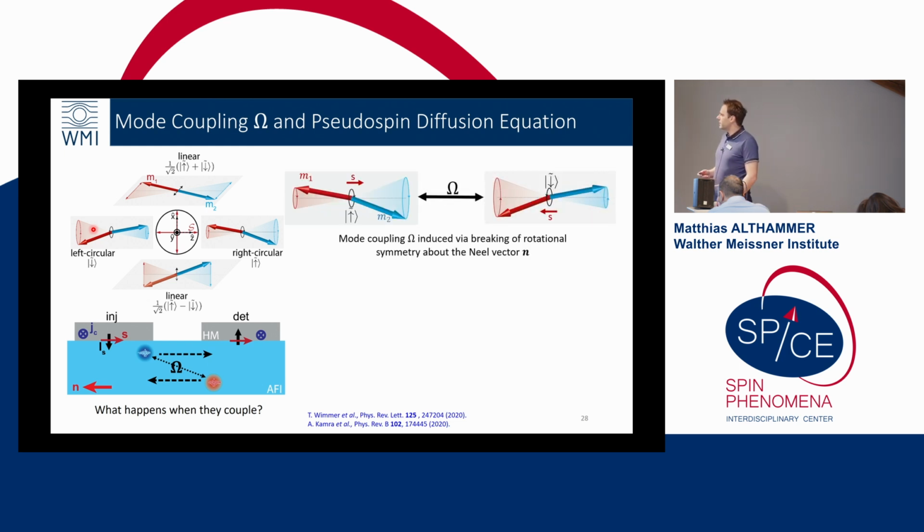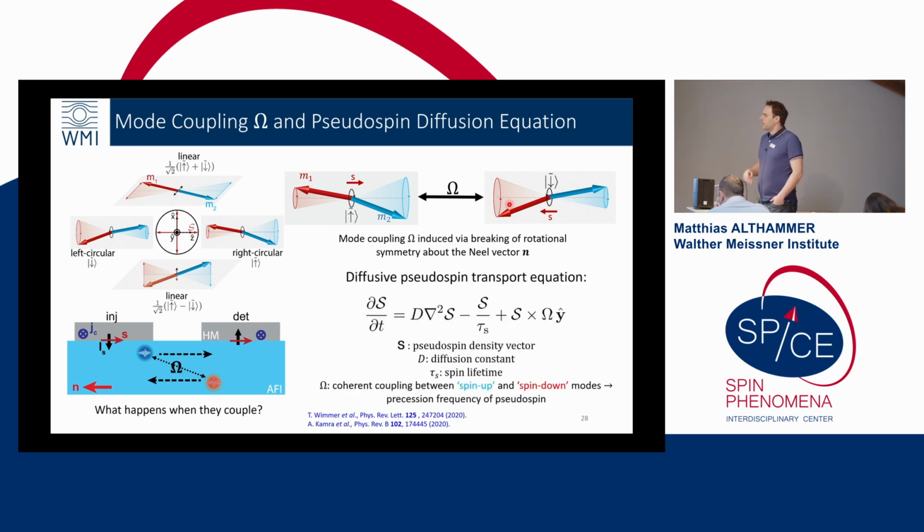This is a very easy way to say that you need to break the rotational symmetry about the Néel vector, which just means you need to have an easy-plane antiferromagnet in the system, and then you immediately find that these two modes will couple to each other. Then, if you want to describe the transport, you can map it onto this pseudospin vector, and with this you are able to describe the transport diffusively. So we have a diffusion constant.